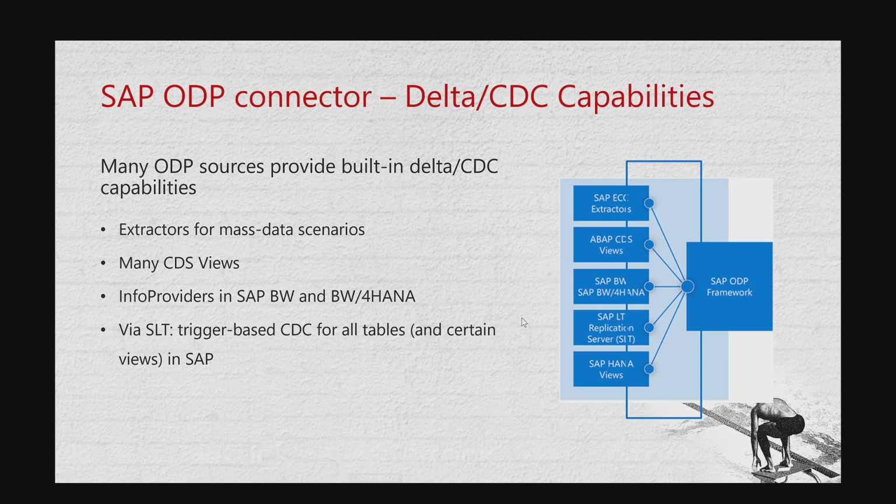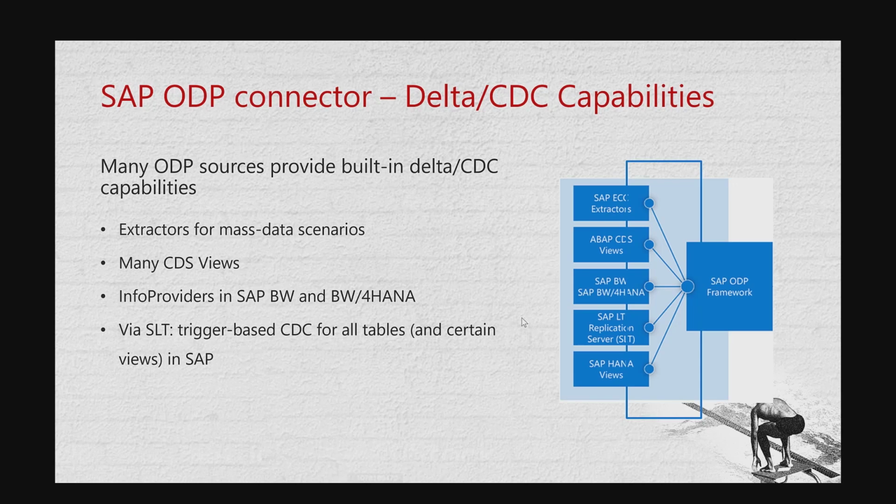Some smaller scenarios, like certain master data, maybe cost centers, in certain cases don't provide a delta mechanism, but then again, doing a daily full snapshot is probably even faster than thinking about a way to determine delta. So in principle, you can be sure that SAP, with all the content it has built in, with all the scenarios it has shipped, has taken care of delta wherever it's needed.